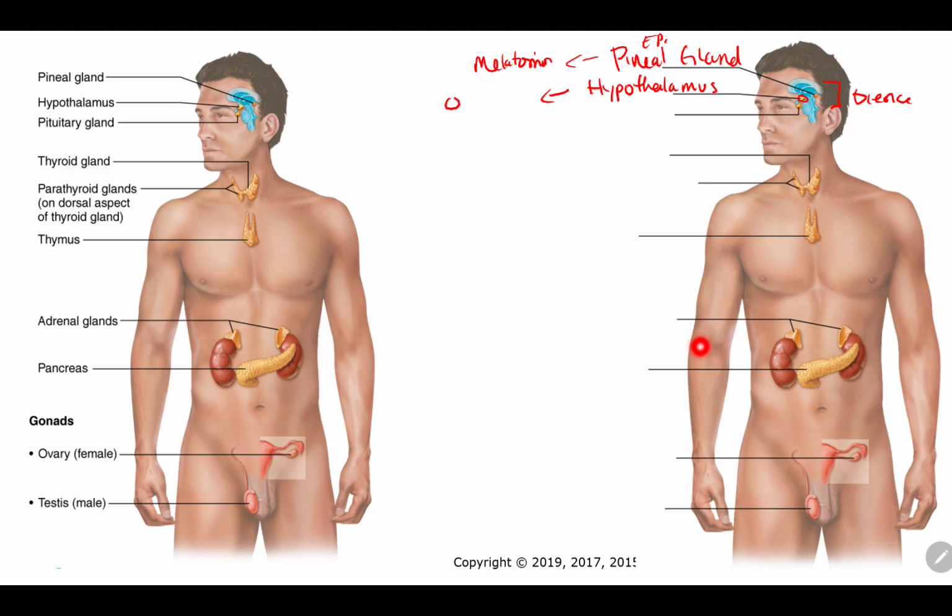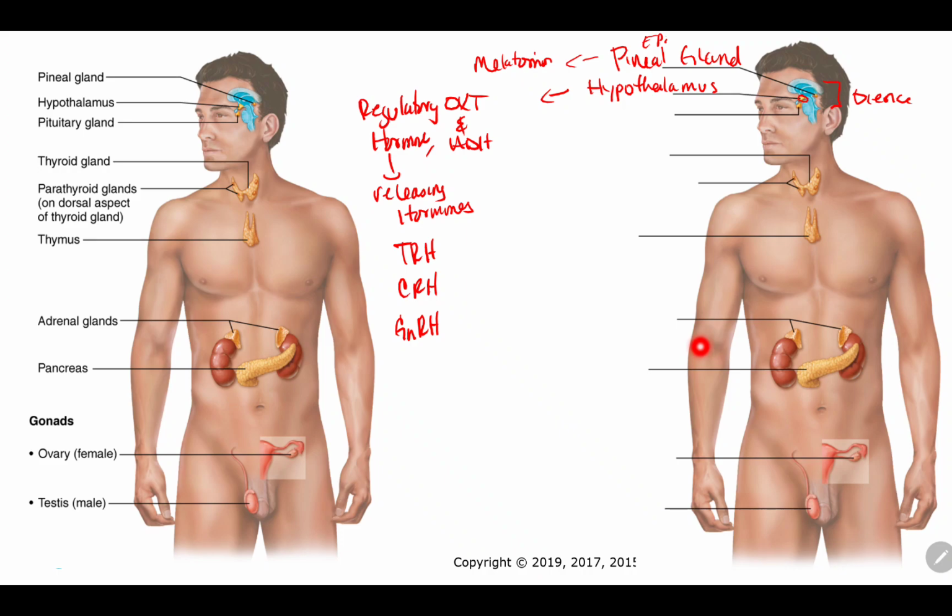It produces its own hormones such as oxytocin and ADH. It also has regulatory hormones, those releasing hormones such as thyrotropin releasing hormone, corticotropin releasing hormone, and gonadotropin releasing hormone.